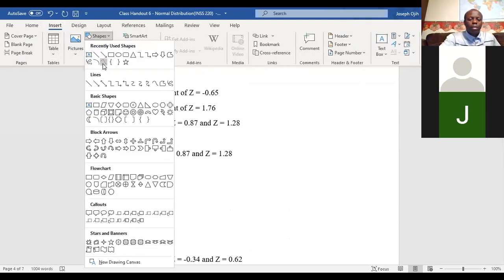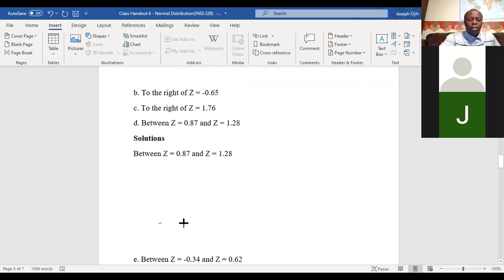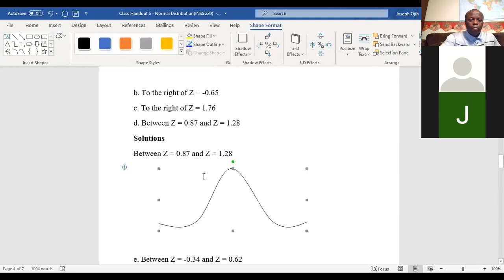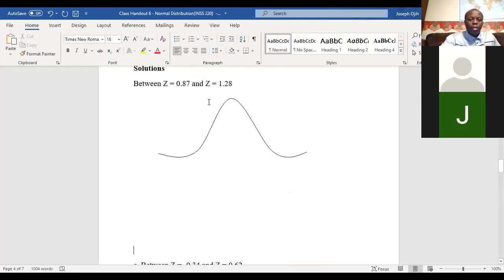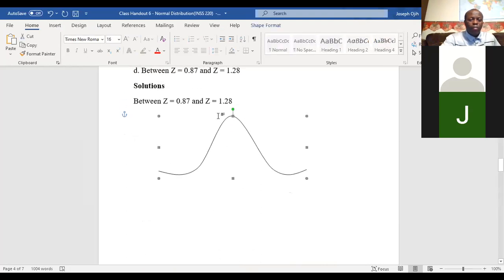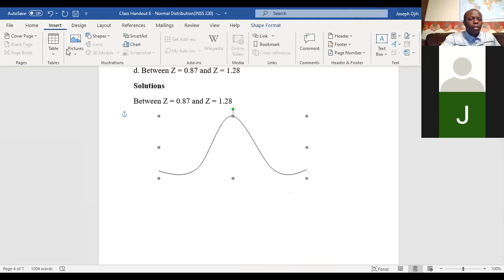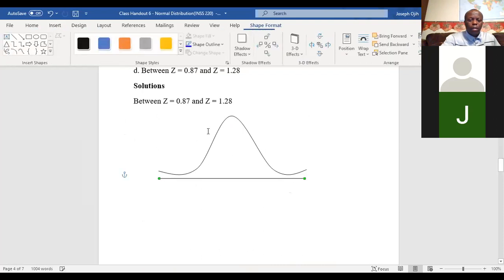The chart will be, okay, I'll start from here. Then we have the x-axis of the charts, and then we have this here.